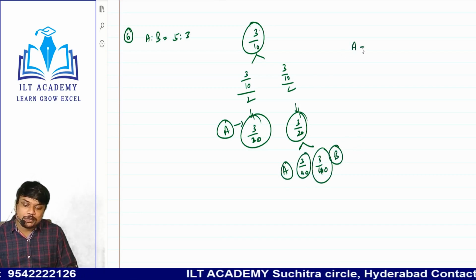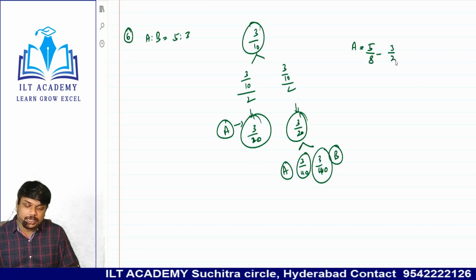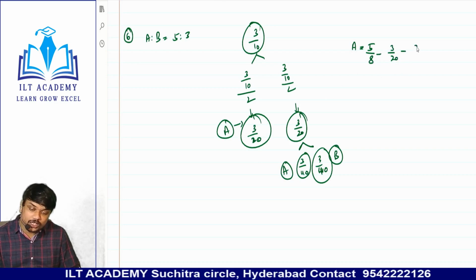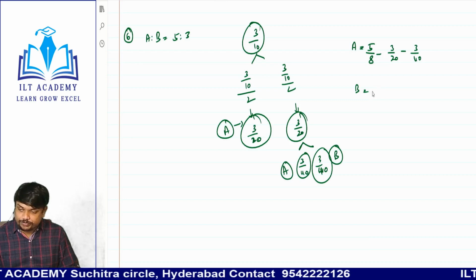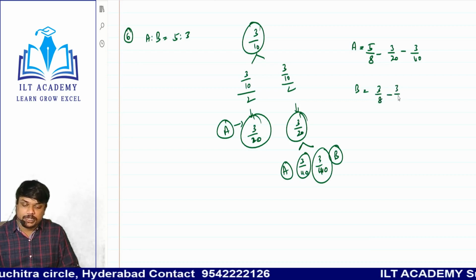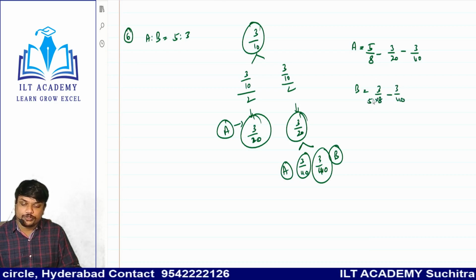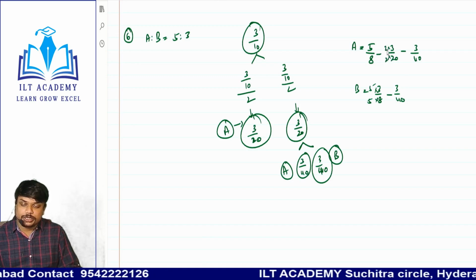Now how much did A have earlier? 5/8. Out of that, how much did he give? 3/20. And he also gave 3/40. B has given 3/8 minus 3/40. So into 5 into 5. Clear? This one into 2 into 2.